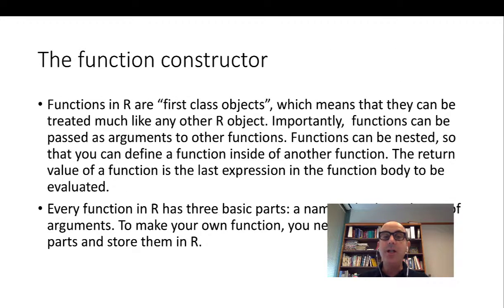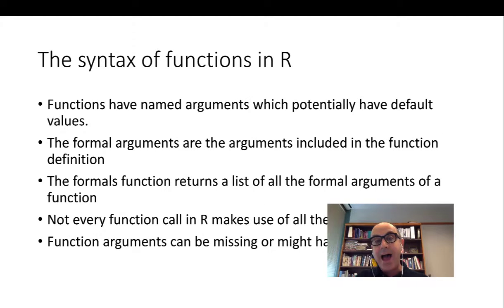And functions are first class objects, which means that you can treat them much like any other objects. You can also have 3 parts to the function: a name, a body, and a set of arguments. To make your own functions, you need to replicate those parts and store them in your R environment.